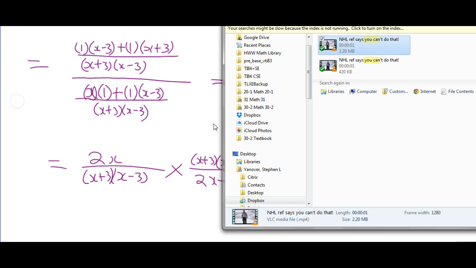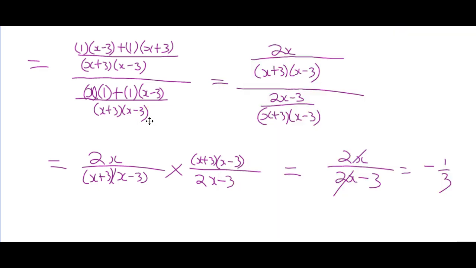You can't do that, right? I don't know what the penalty was. It was like tripping or something, but that was in an actual game where he said, you can't do that. So, yeah, you can't do that, right?